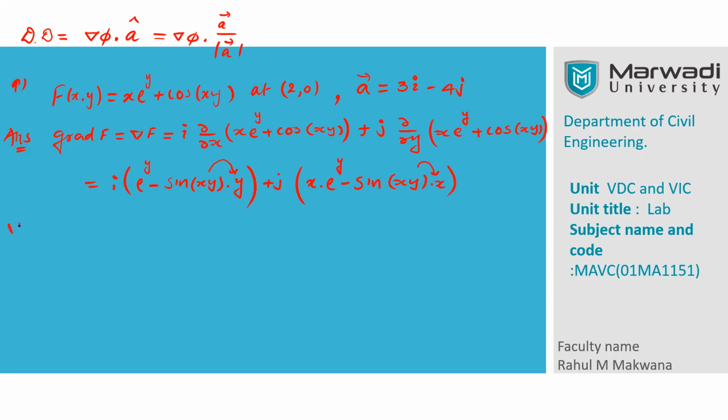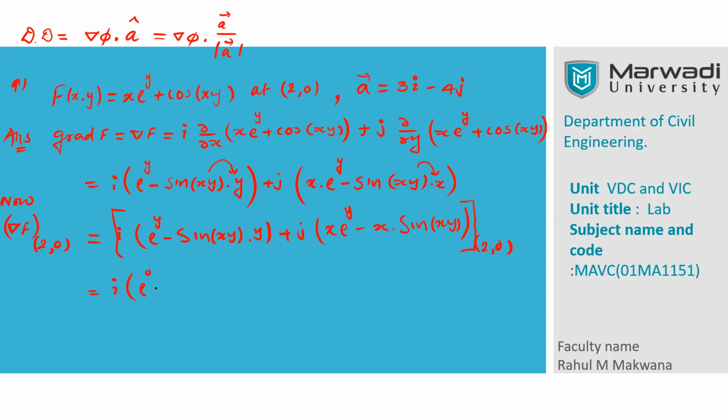Now let us find this gradient at the point (2, 0). In place of x, I'll put 2. In place of y, I'll put 0. X is 2, y is 0.